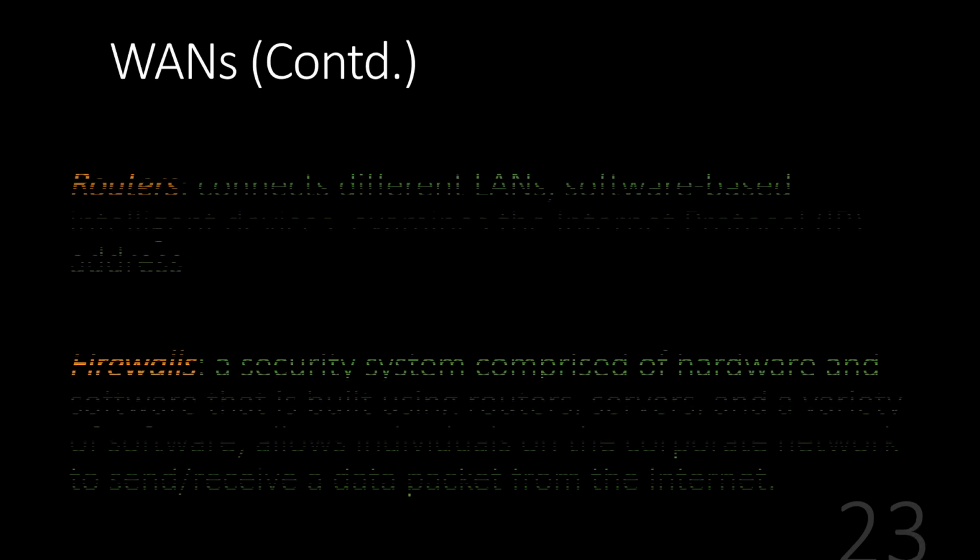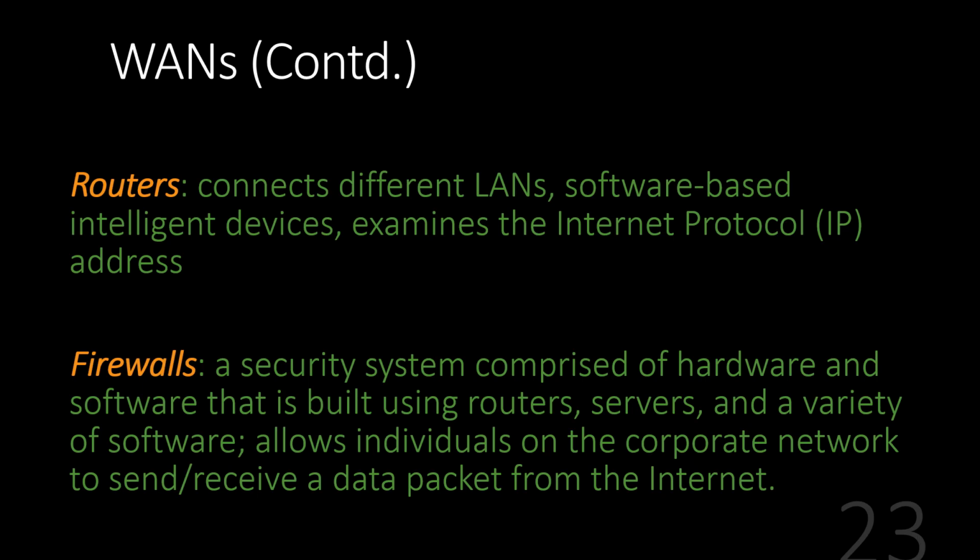So here we have a little bit more detail there. The router allows different networks to communicate with each other. Networks didn't always use IP, Internet Protocol. As a matter of fact, there are lots of different network protocols. You can use Ethernet, Token Ring, and those have been around for a long time. Even across the Internet, there are different protocols that can be used.